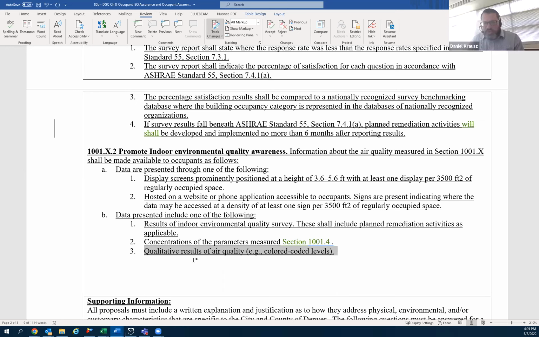So it's more about the graphics, the color coding? Well, I guess it would need to show, on a color coded level, how the air quality performed. So if it's poor or good or outstanding. I hear what you're saying. I'm thinking how we reword this to adequately describe that.